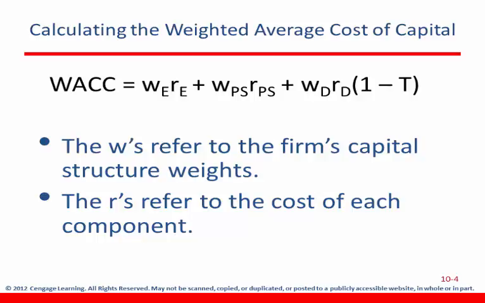Okay? And then you're going to see these R's. These R's are known as cost, so like the cost of preferred stock, the cost of debt, and the cost of common stock. Now the book likes to use an S here as well for cost of common stock, but I'm going to use an E.